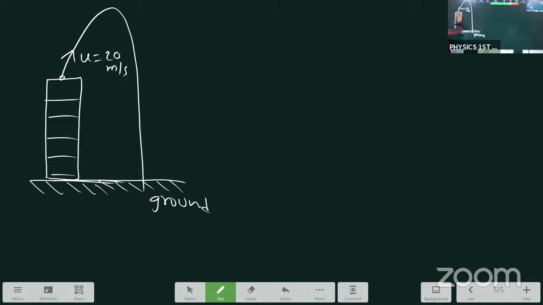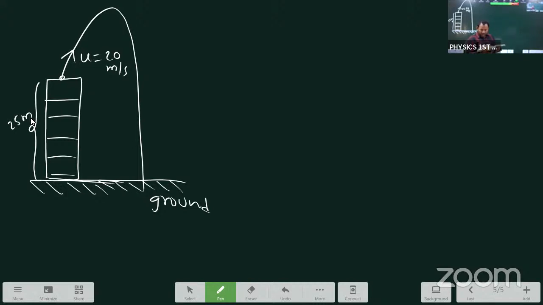Here the ball is thrown, this point of projection to the ground is 25 meters. Indirectly they are giving the height of the building.